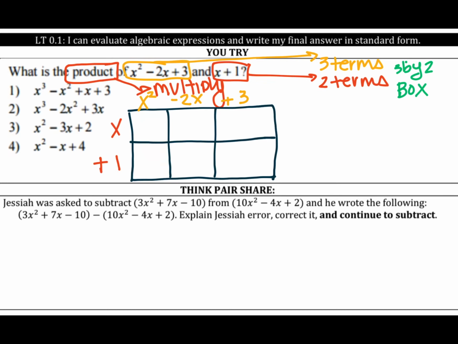All right? X times the x squared is going to be x to the 3rd power, and we can insert that into our box. Now, if we're continuing, let's do x times the negative 2x, and that's going to give us a negative 2x squared.